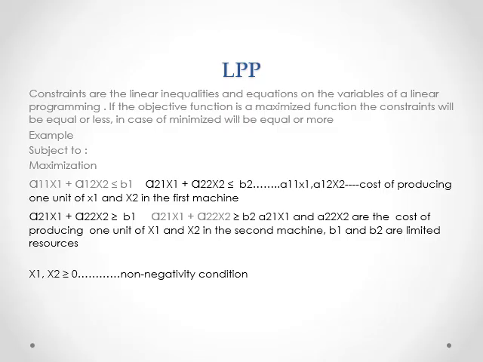We said that linear programming problem contains 3 components: objective function, constraints, and non-negativity condition. دالة الهدف، القيود، وشرط عدم السلبية.